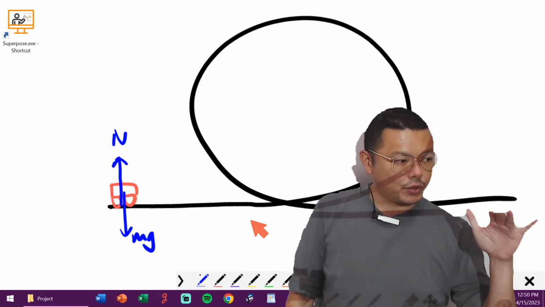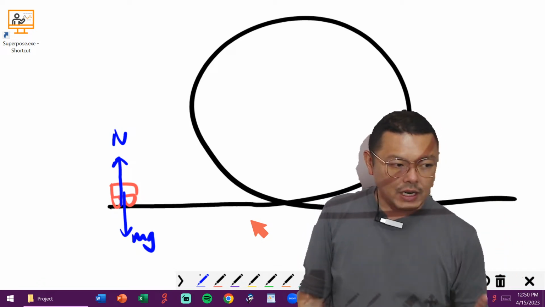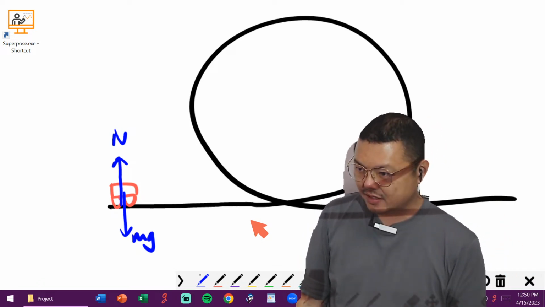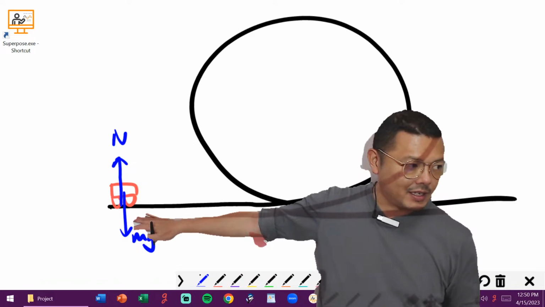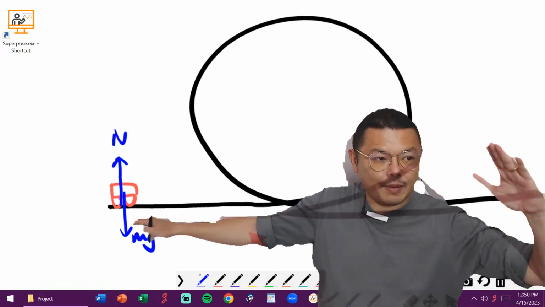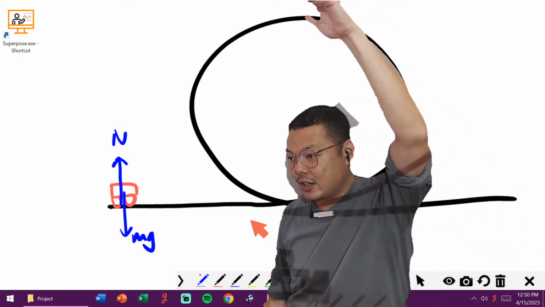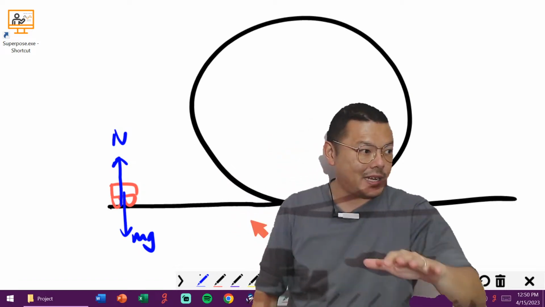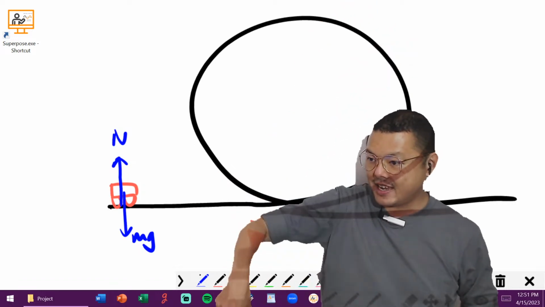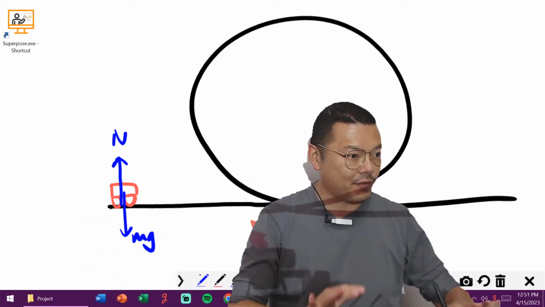I must also ask you to remember that this is a roller coaster as well. Roller coasters do not have engines. If you go and sit the Battlestar Galactica in USS, the roller coaster goes up. Yes, there's a conveyor belt that brings it all the way up. But right after the top, as it falls, it's just GPE converting to KE, KE converting to GPE, all the way. There is no driving force.